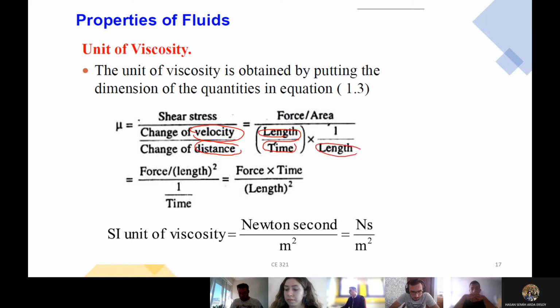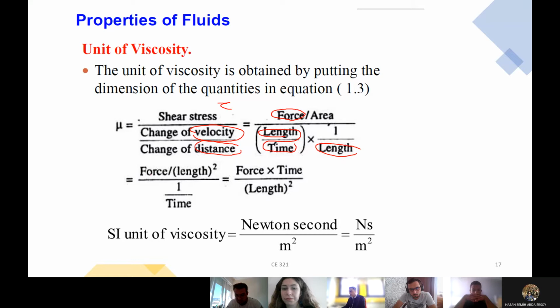Length, for example, meter in SI system. And what is the unit of shear stress? You know shear stress, tau equals F over A. So if you know the unit of force and the unit of area, you can put the relevant units in this formula to find the unit or dimension of viscosity.